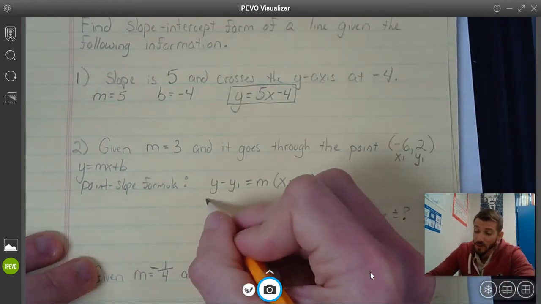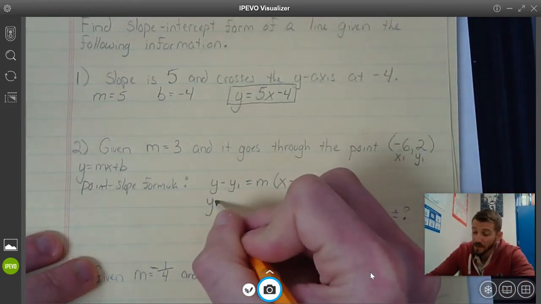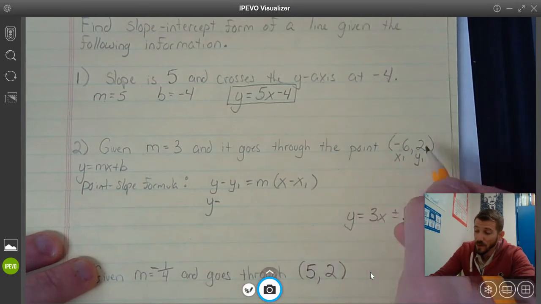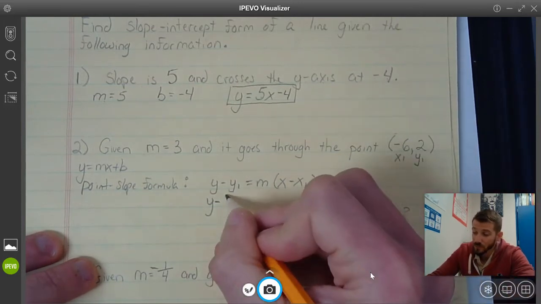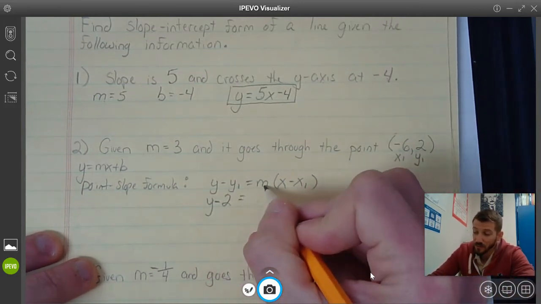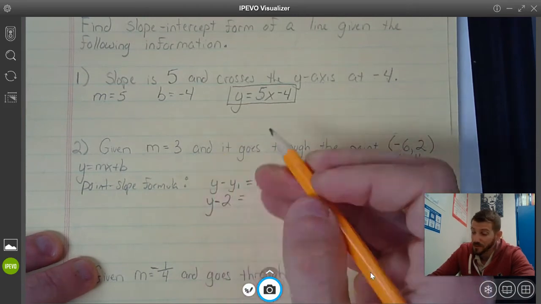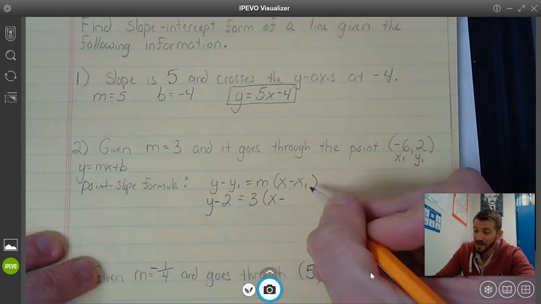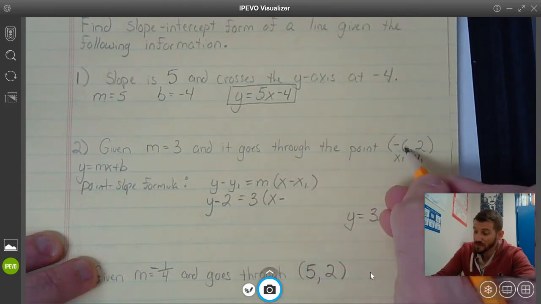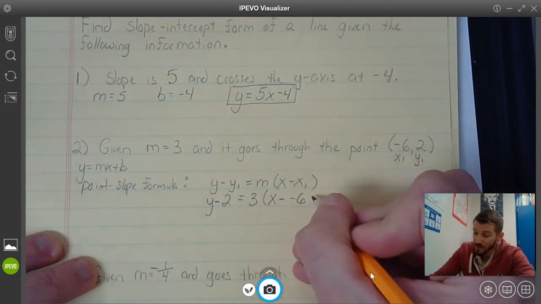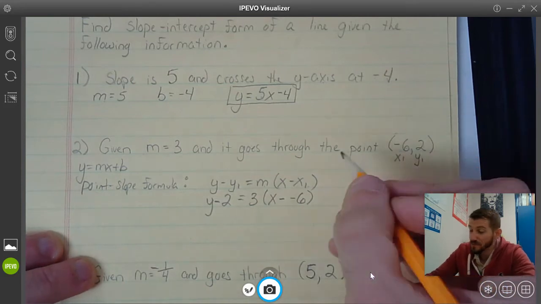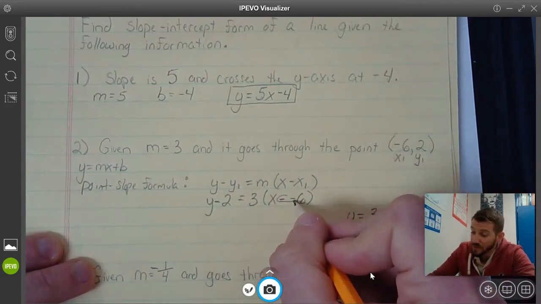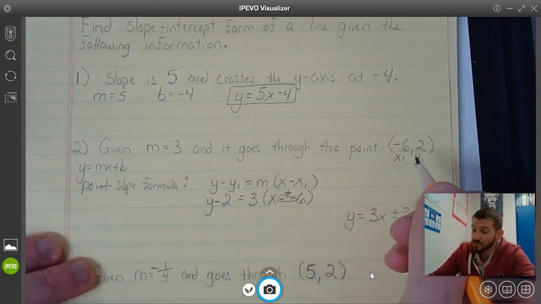For example, y minus, well, what's y1? y1 is 2, equals m. We know what m is. M is 3, times x minus x1. We know what x1 is. It's negative 6. You're going to notice a double negative sometimes. A double negative makes a positive.